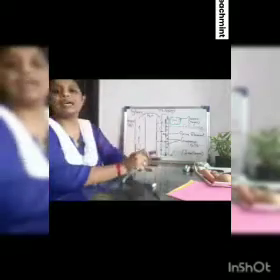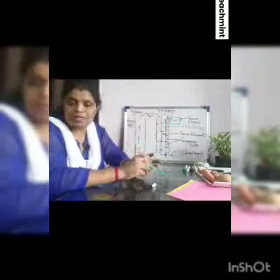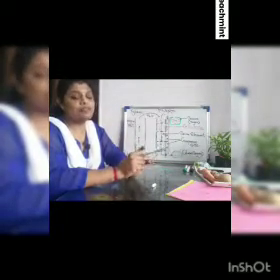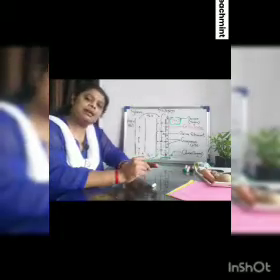This is a particular xylem vessel. It is made up of xylem parenchyma and xylem fiber. Don't memorize this, just observe it. So what are the components of xylem? Xylem tracheids, xylem vessels, xylem fibers, and xylem parenchyma.